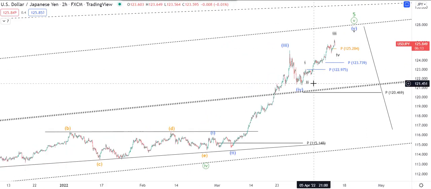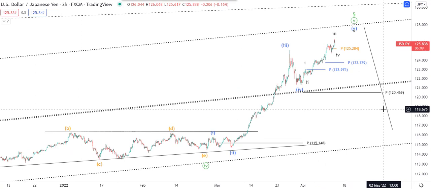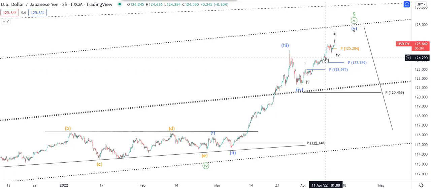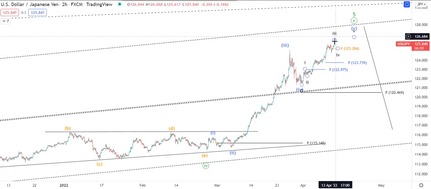That means that a substantial reversal is probably around the corner in dollar yen. Maybe it will take a few more days or a few more weeks. It depends what happens in this wave 4 here.